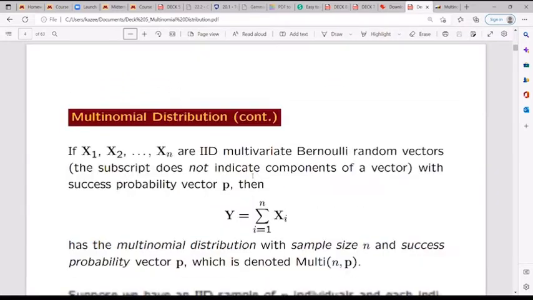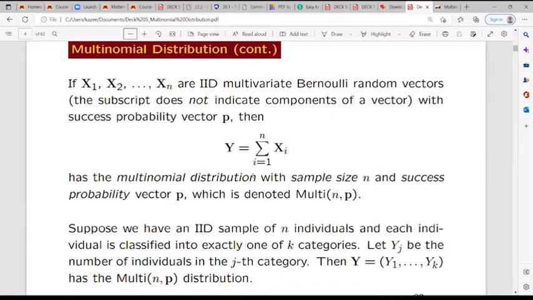Based on what you've done before, don't forget we're using the idea of linearity of expectation.